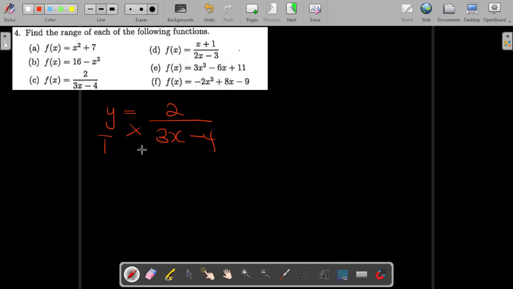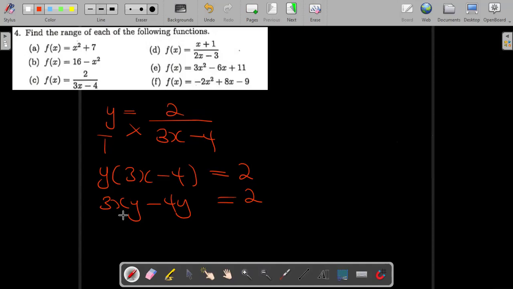When I cross multiply that, I just get y multiplied by 3x minus 4 equal to 2. Then I can distribute this y here such that I have 3xy minus 4y, and this is equal to 2. Remember, I want to write this in terms of x. So this will be 3xy.